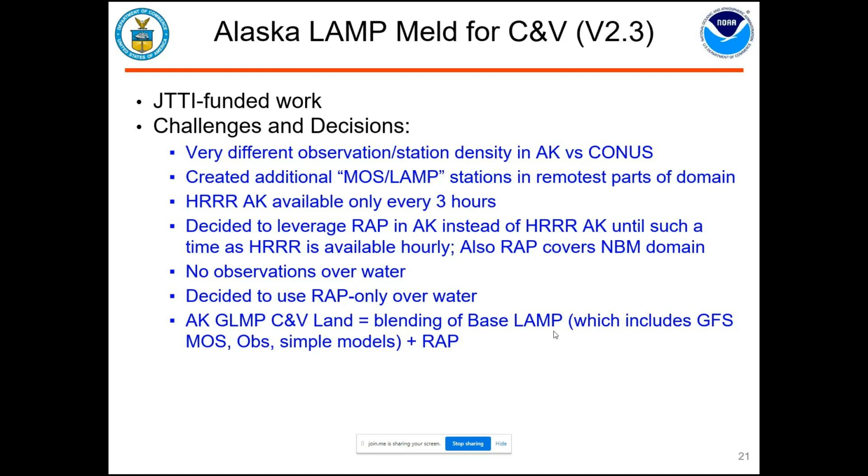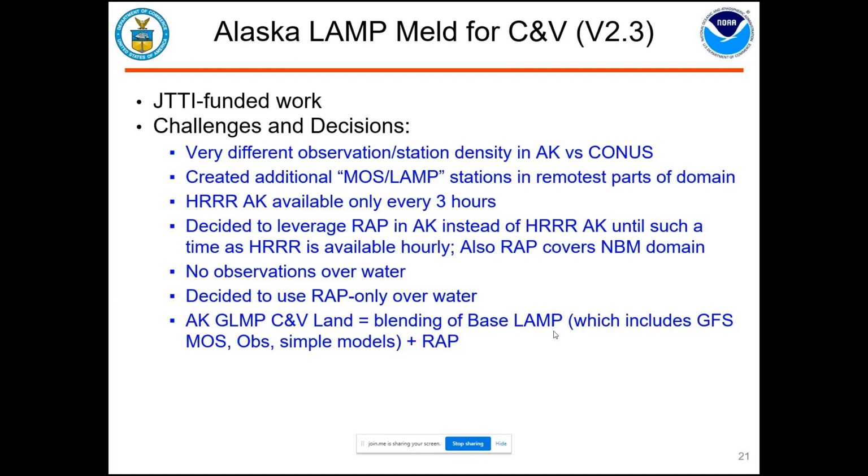All right, so I'm moving on to the Alaska gridded lamp convection and lightning product. So this is also a JTTI funded project. So basically for this, we are extending the CONUS convection and lightning framework to the Alaska domain. So convection is defined as one or more cloud-to-ground lightning strikes or composite reflectivity greater than or equal to 35 dBz.